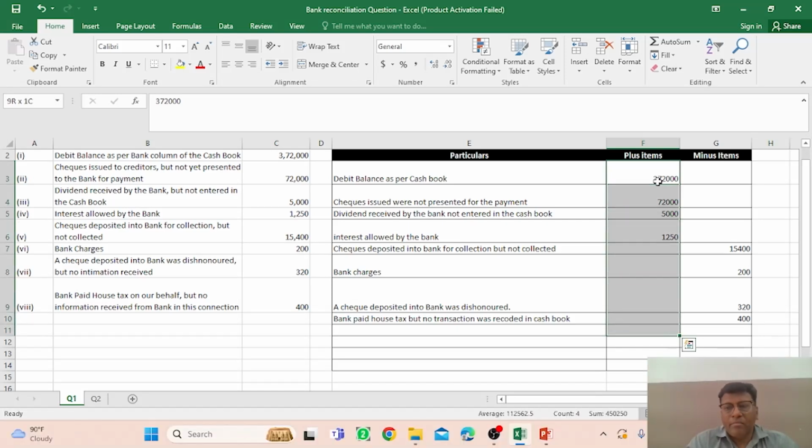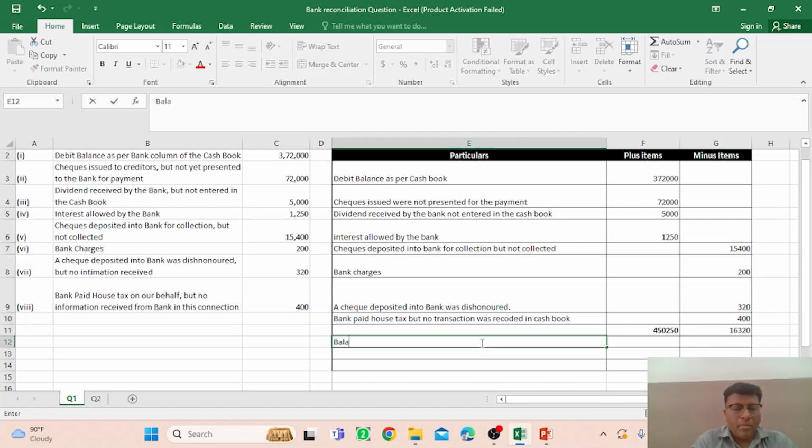The plus items, you find this is the total, right? And the minus items total is this one, and the balance of the opposite book is the passbook balance.